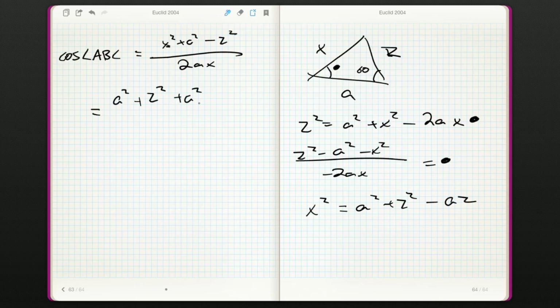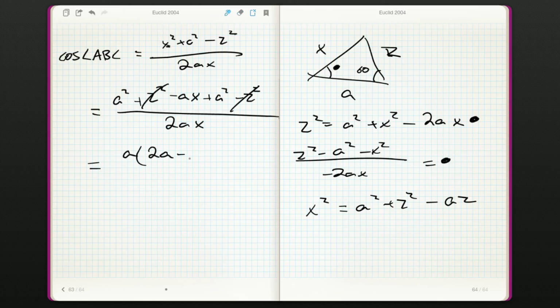Plus minus az. Plus a squared minus z squared all over 2ax. So now the z squareds will cancel out, and we'll take out a factor of a on top, you'll get 2a minus x over 2ax.